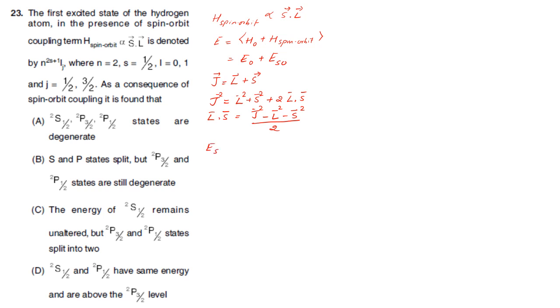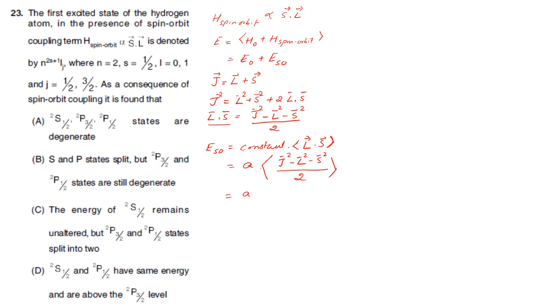Therefore E spin orbit, the energy due to spin orbit interaction, is given by some constant times L dot S, that is A into j square minus L square minus S square divided by 2.